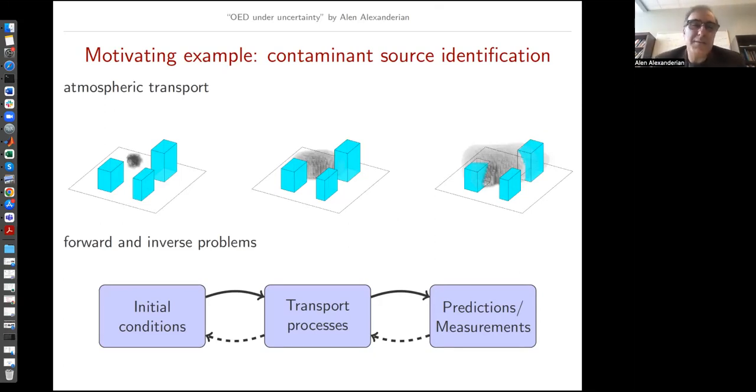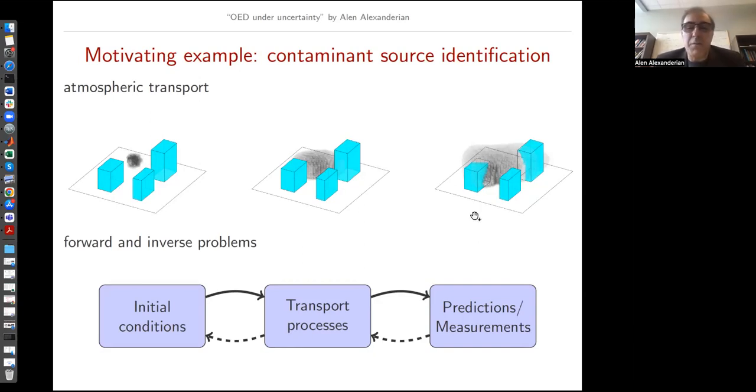This is a problem coming from contaminant transport. This domain is maybe a cartoon version of an urban environment with some buildings. If I specify the source of the contaminant, that's that plume of contaminant, and I have governing equations, an advection diffusion equation in this case, then I can predict how the contaminant spreads and diffuses.